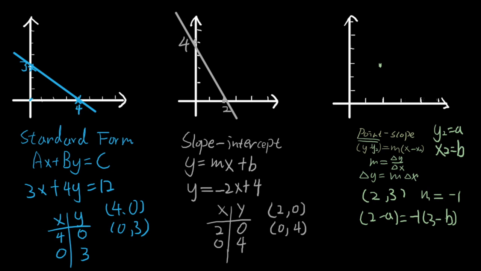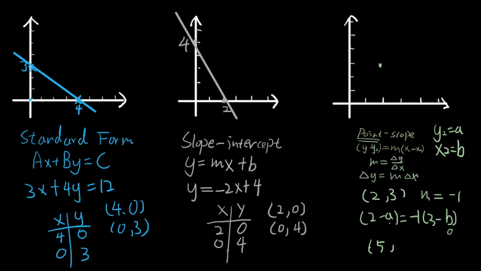So when we set b to 0, it's gonna be 2 minus a equals minus 3, so 2 minus 5. So we find a is equal to 5. Yeah, pretty much.